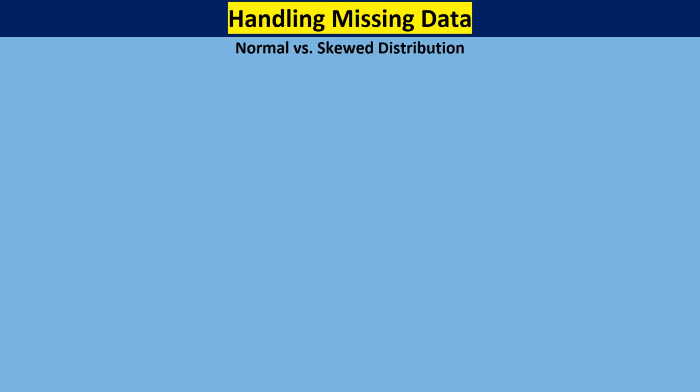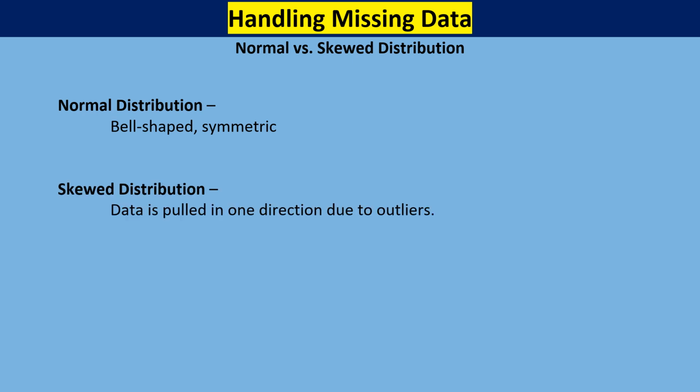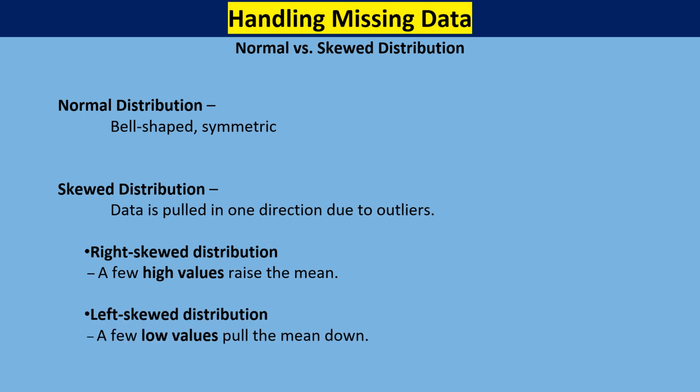Handling missing data. Normal versus skewed distribution. Normal distribution is bell-shaped and symmetric, like IQ scores. A normal distribution means most values are around the mean. Skewed distribution is where data is pulled in one direction due to outliers. Right skew is like salaries and property prices, where very high values raise the mean, and left skew is like exam failures, where a few low values pull the mean down.